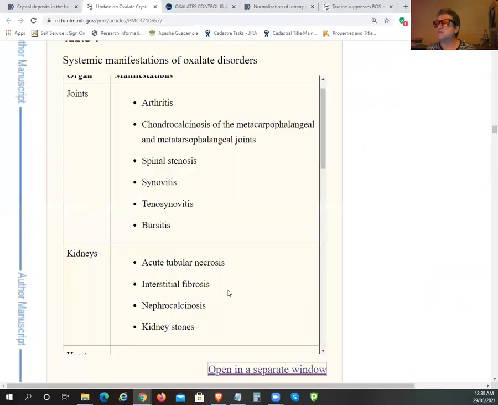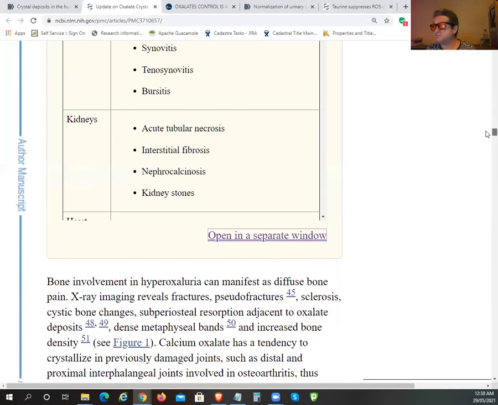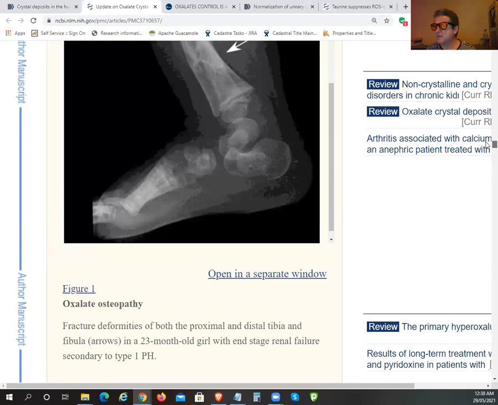Let me just get rid of table 1. This is of a 23-month-old girl. So we're talking about a child here, not even 1 year old, with end-stage renal failure.